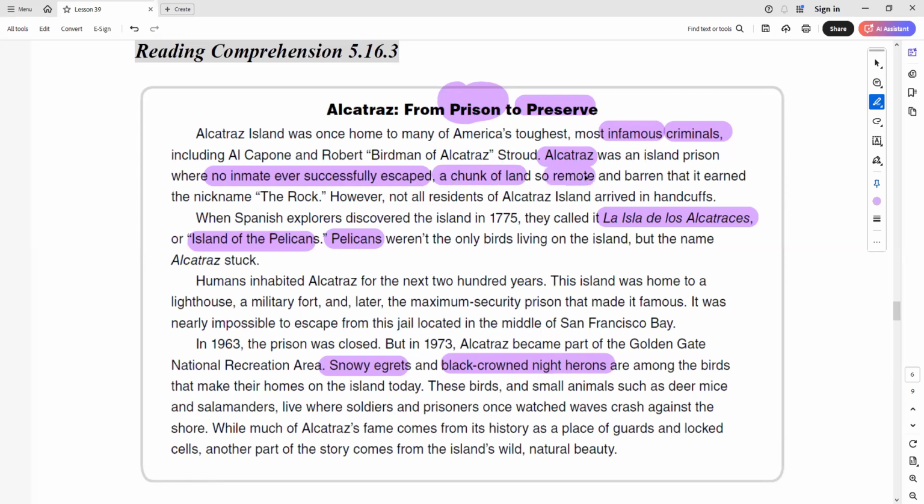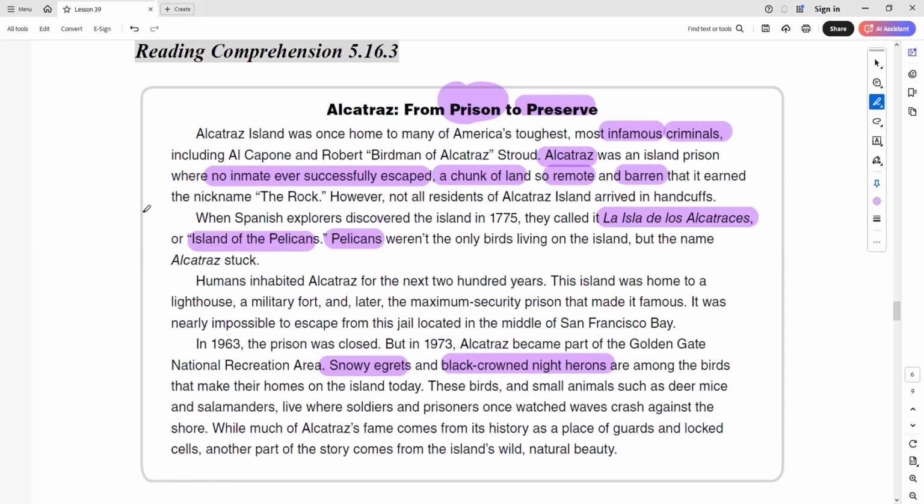Remote 是 pedalaman，比如说我们讲的高山 pedalaman，我们叫做 remote area。remote 就是你的 remote control，对不对？remote control、remote area 都是指很遥远的意思。所以它这个地方在海中间，所以很难逃脱。And barren 的话就是你很难种东西，因为 you see, there are all the rocks there, right?